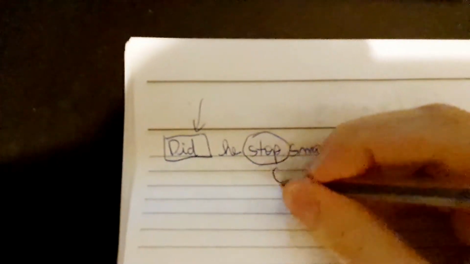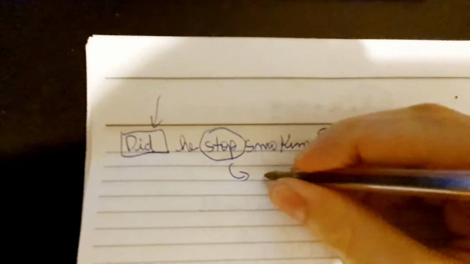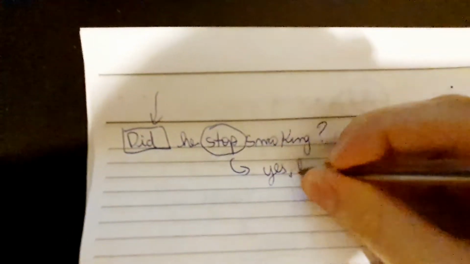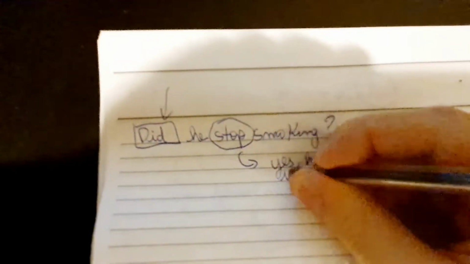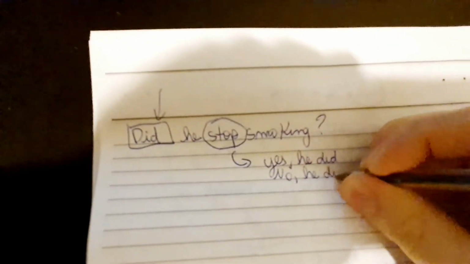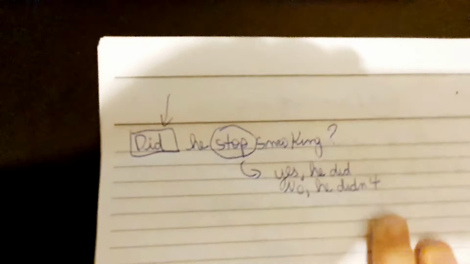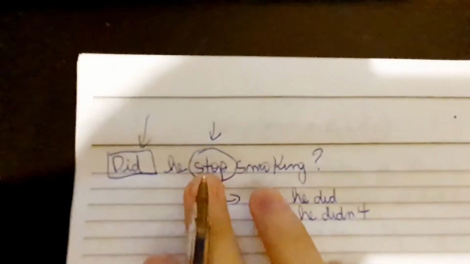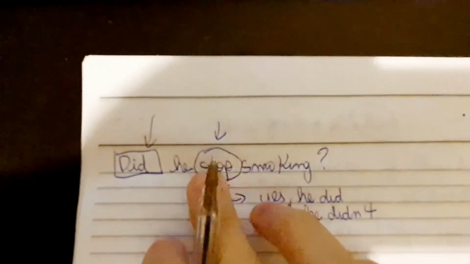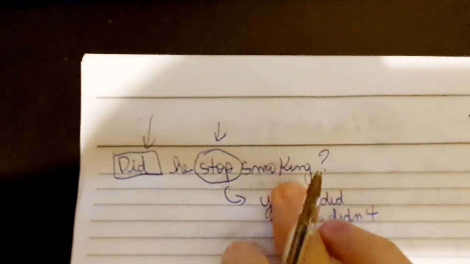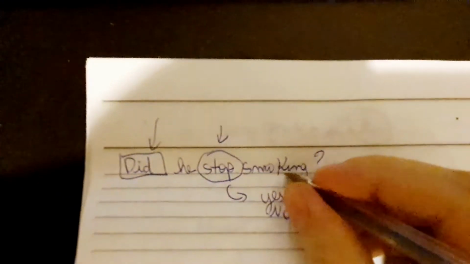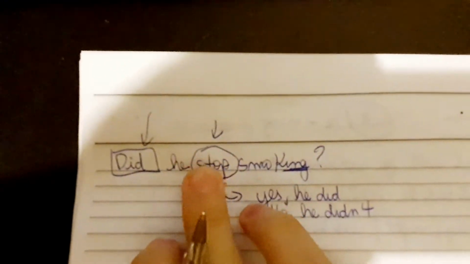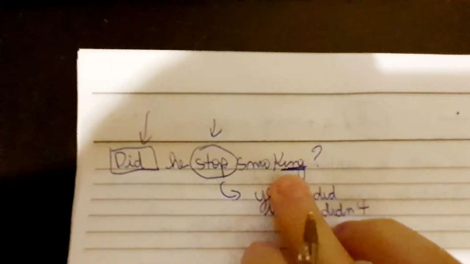So when I give a short answer, for example, I say, yes, he did. No, he didn't. Right? Stop. After the verb stop, if you add another verb just after, the verb that comes after stop has to be followed by ing.